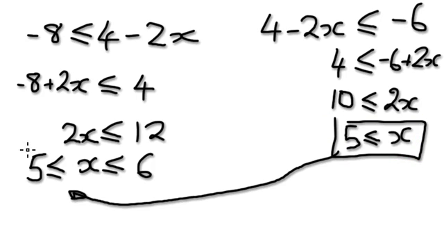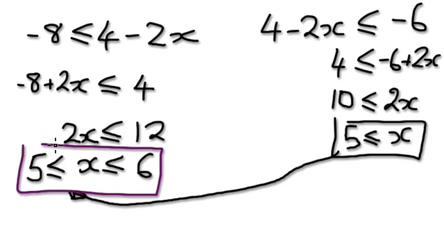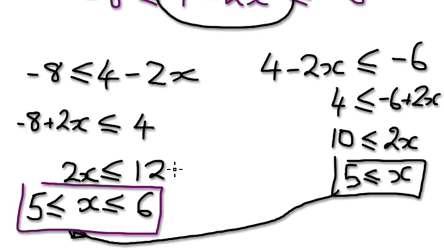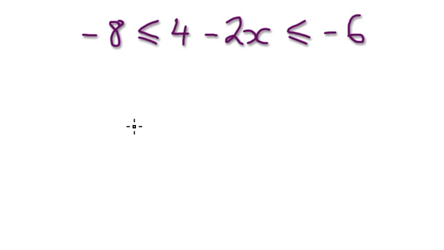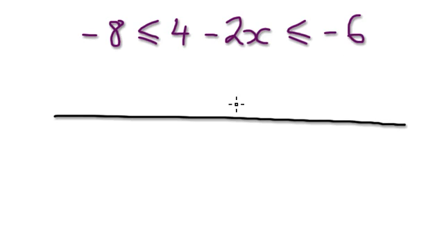Anyway, your solution here is x is between 5 and 6 basically. So if you look at the number line, it will be this: 0 here, 5 here, 6 here.